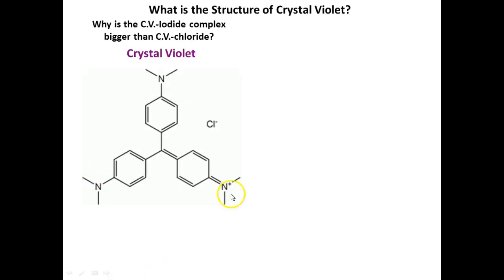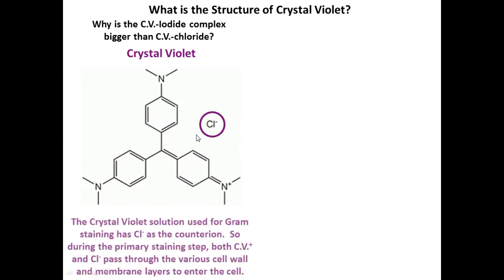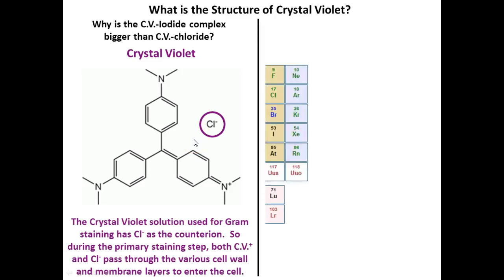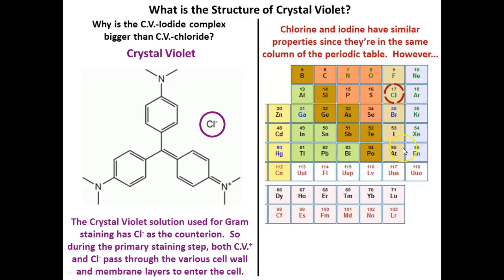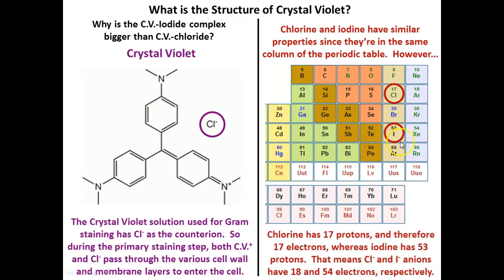So why is it bigger? Well, it's bigger because crystal violet is complexed with the chlorine ion, but we do a switch for iodine when we add the iodine. They're both negatively charged, right? They're in the same column of the periodic table. The difference is iodine is bigger. It's a bigger molecule, right?